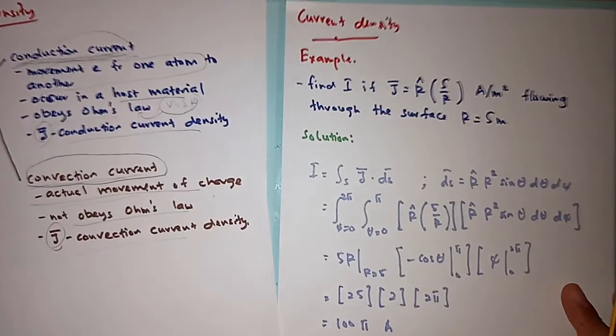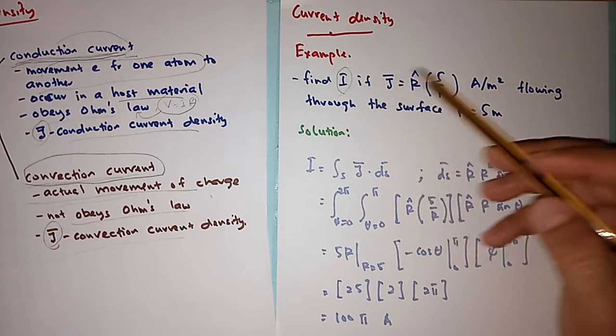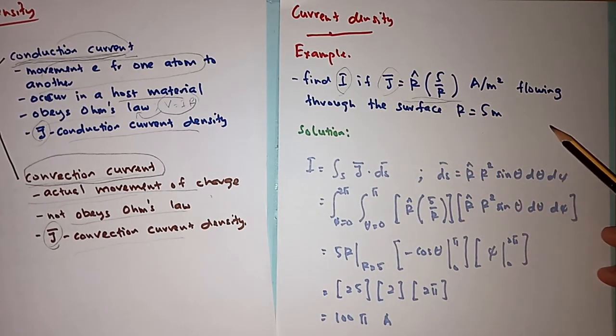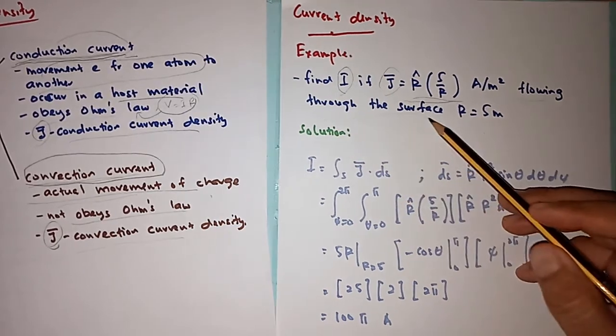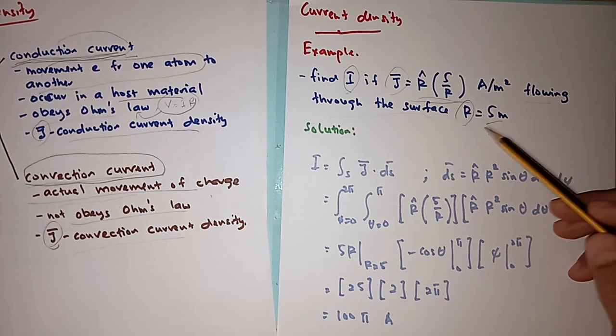Alright, in order to understand this topic, let's see one example. Let's say we need to find the total current if the vector J is given by this equation and flowing through a spherical surface with a radius equal to 5 meter.